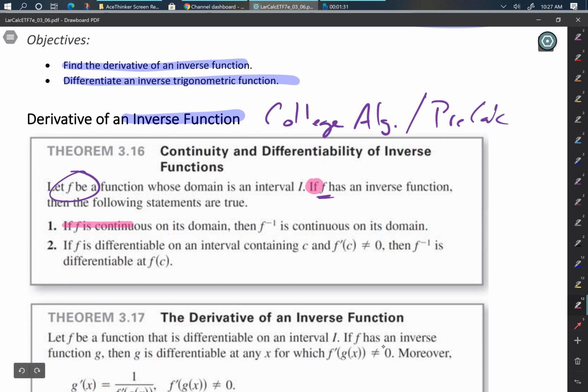First one is, if f is continuous on its domain, then the inverse is also continuous. So a continuous function, if it has an inverse, its inverse will also be a continuous function. And if the function is differentiable on some interval and the derivative is not equal to 0, then the inverse will also have a derivative at those values c.